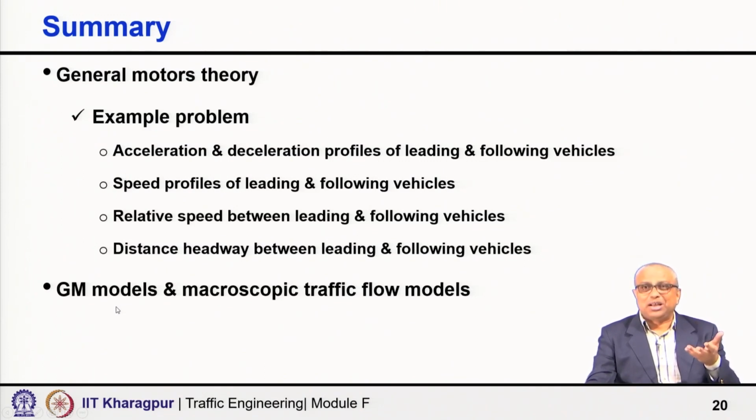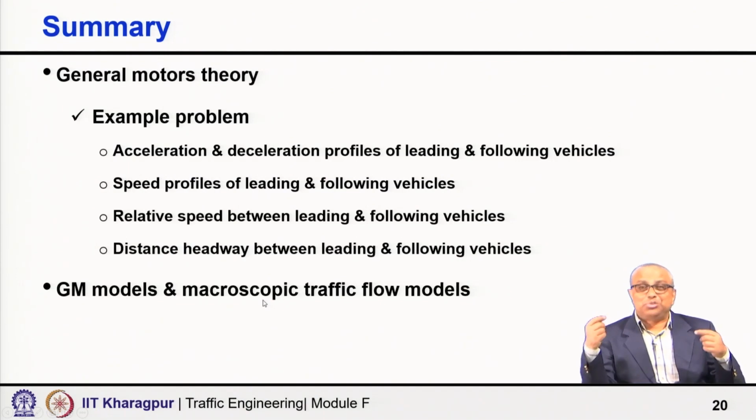First, second, third, fourth generation, all are specific cases of the fifth generation model. So, the generalized GM model, General Motors model, and the connection between that and the macroscopic traffic flow model. I explained only Greenberg, but you can get Green-Schultz and other models from that, right.